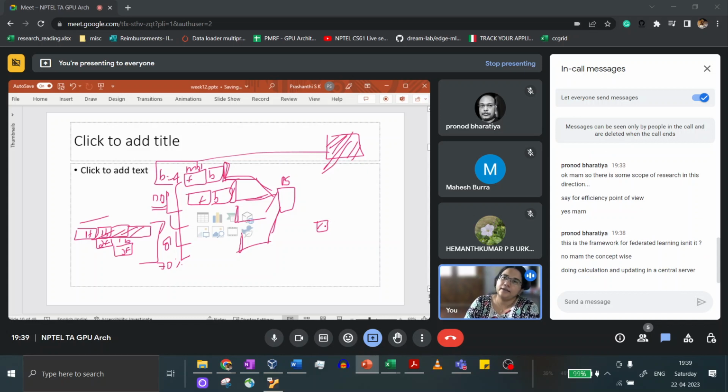Calculations and updating on a central server, yes, that idea is the same, but again, because of the privacy constraints, how that is done slightly differs from typical distributed learning.